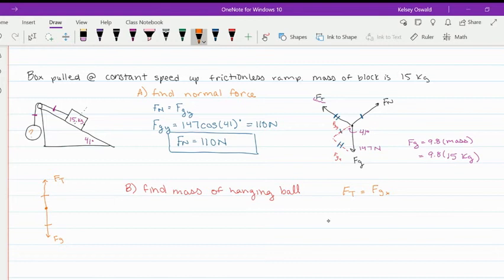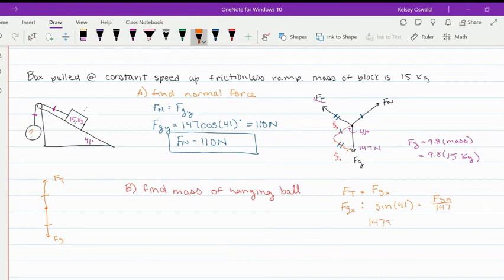If I want to find the force of gravity in the x direction, I'm trying to find the opposite side of that triangle diagram, which means I would want to use sine to solve for that component of my force of gravity. We could say sine 41 is equal to my force of gravity in the x direction divided by 147.